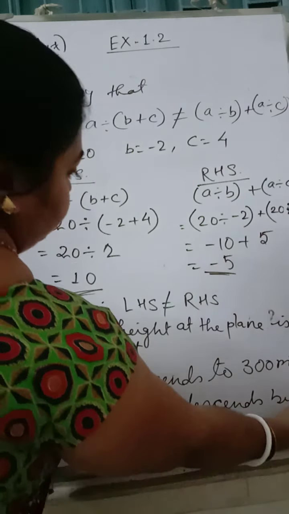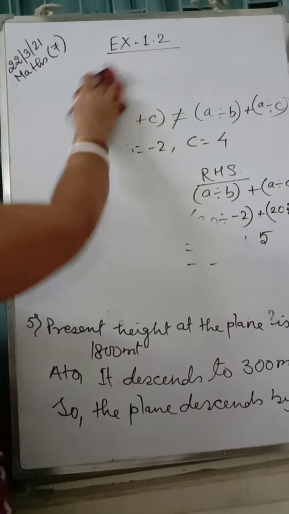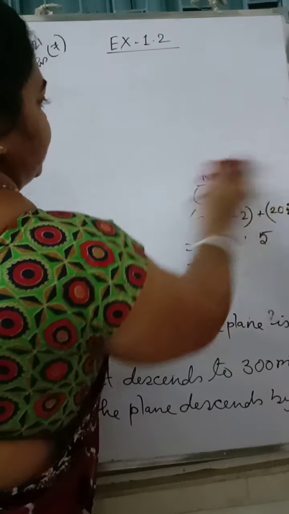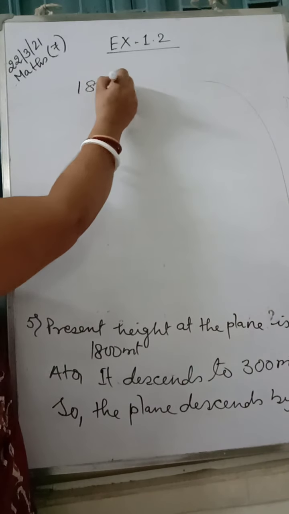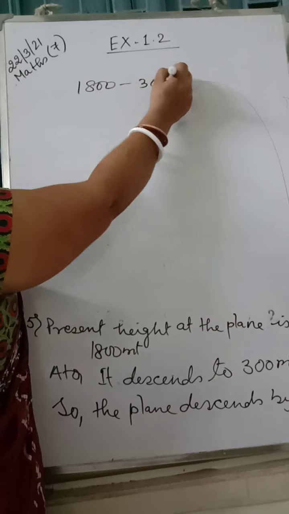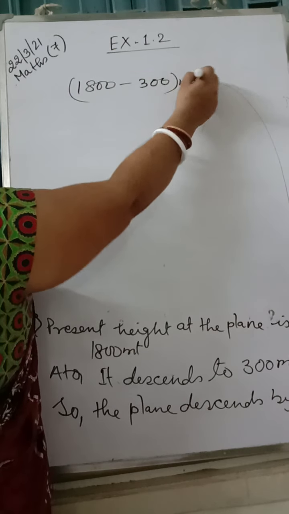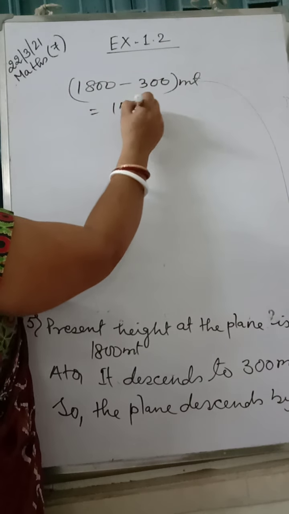It was at 1800 meter, now it is at 300 meter. So by how many meters has it come down? It has come down by 1800 minus 300 meters, so it has come down by 1500 meters.